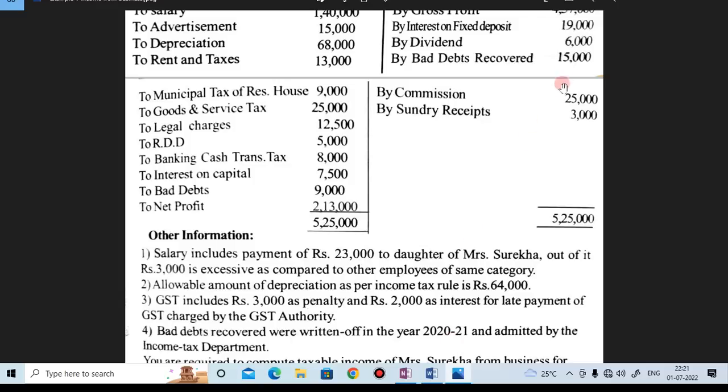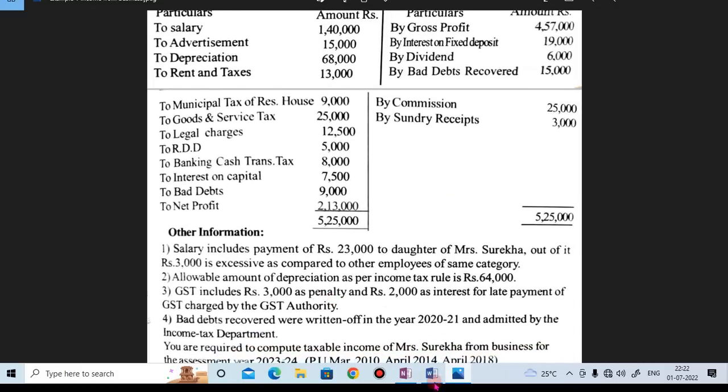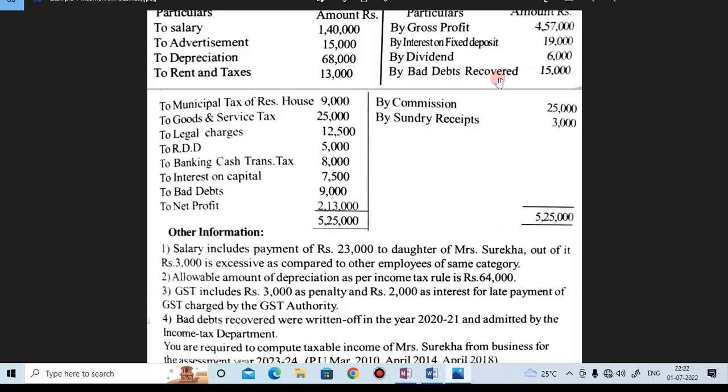That means this 15,000 was recovered and admitted by the income tax department as already written off, so no need to take it. See the format here also, bad debts recovered is given with a bracket saying not allowed as deduction. Hence we are not taking bad debts recovered.